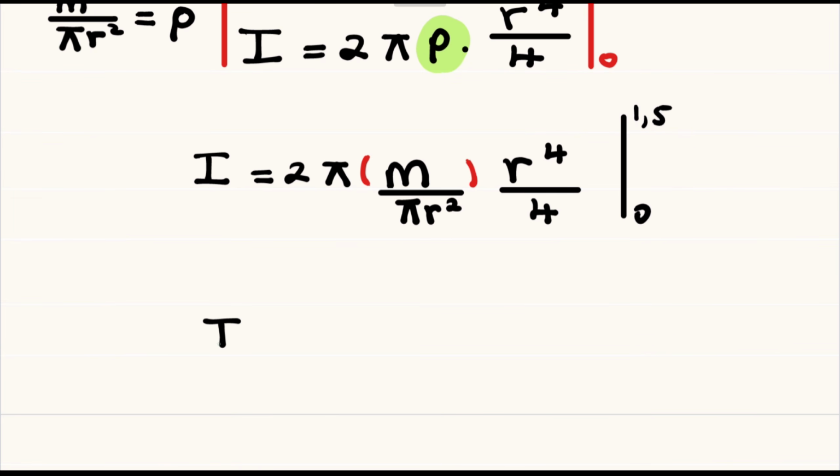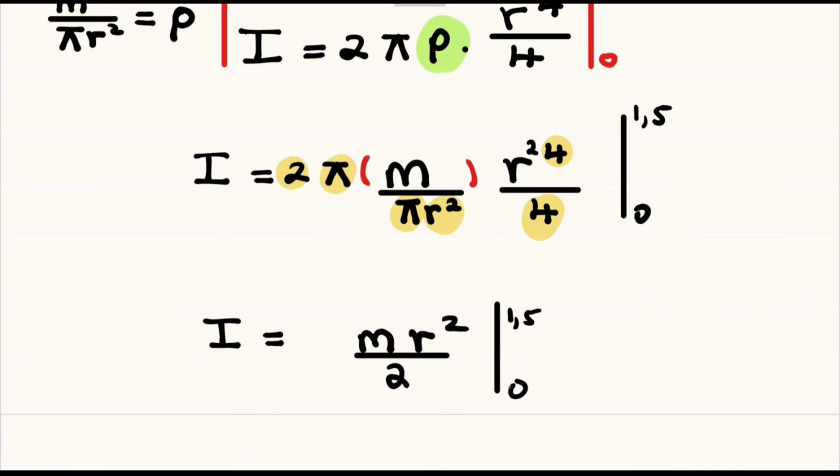We can cancel out a few things. The pi divided by pi will be equal to 1, and the r to the power 4 divided by that r squared will be r squared, and the 2 divided by 4 will be 1 over 2. So we'll have m multiplied by r squared divided by 2 with our boundaries, the 1,5 and the 0.